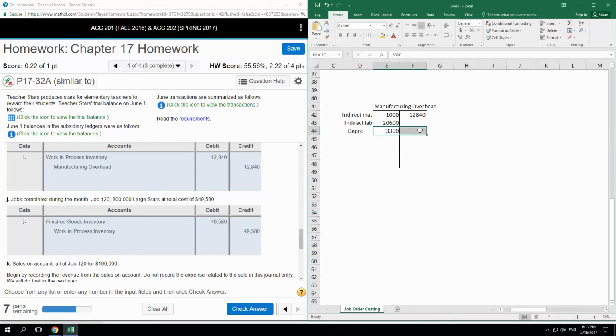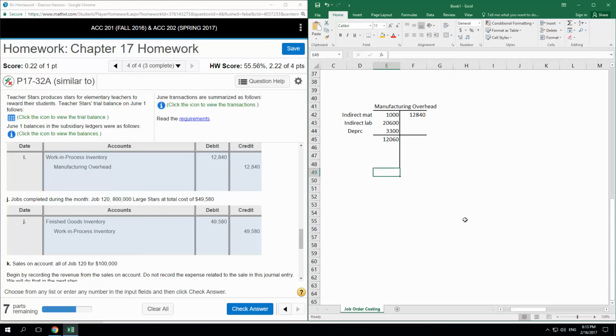Now we can determine whether we over or under applied. The way we do that is add up the debits, add up the credits, and get the difference. I'm eyeballing it now, and I can tell that I have more debits than credits. So the balance in this account is the sum of these debits minus that $12,840 credit.